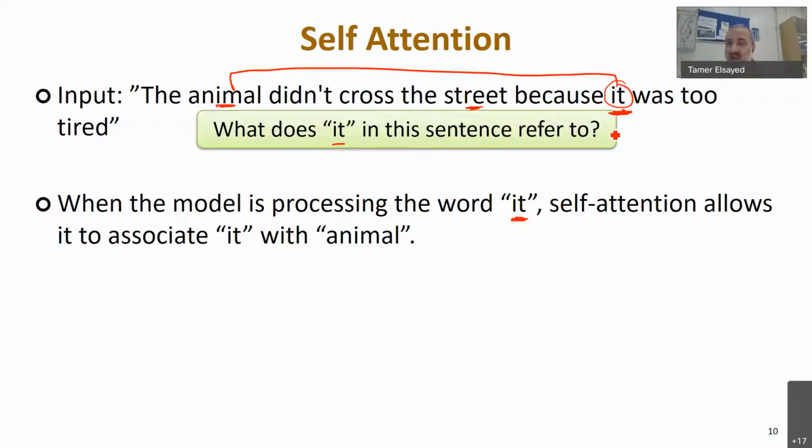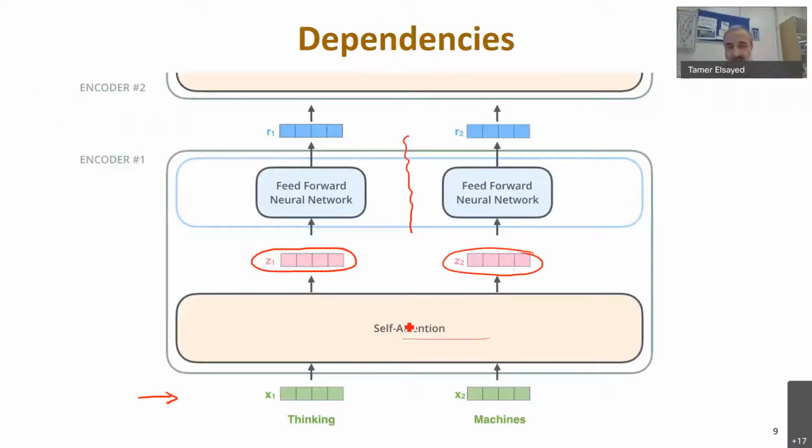Remember, each word will have a corresponding output from the self-attention layer, like an embedding, an encoded version of that term. With self-attention, this encoded version, Z2, should relate somehow to the corresponding encodings of other words that are related to that word.